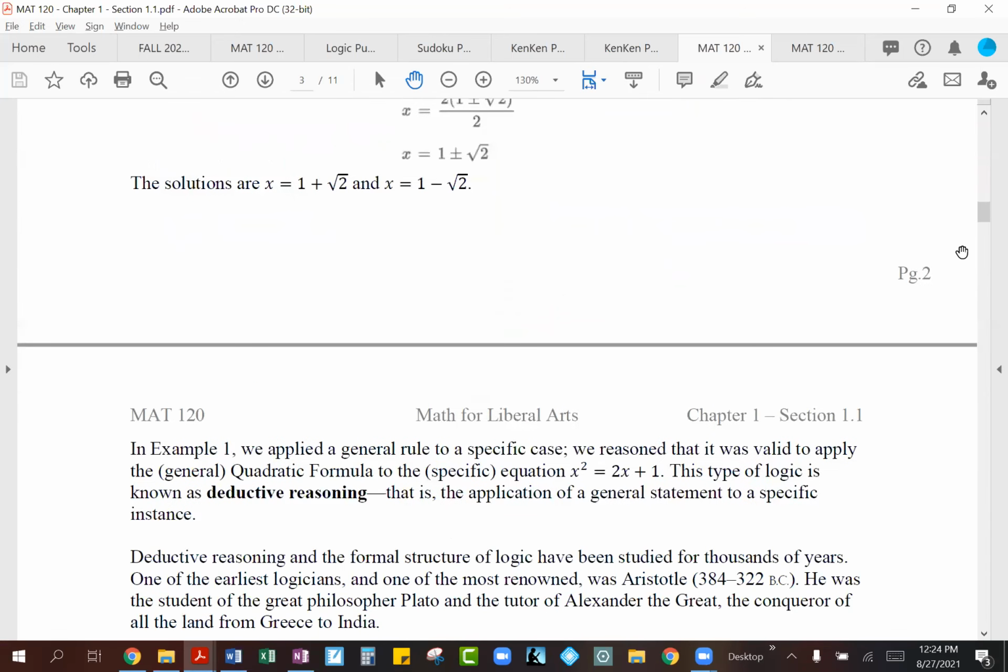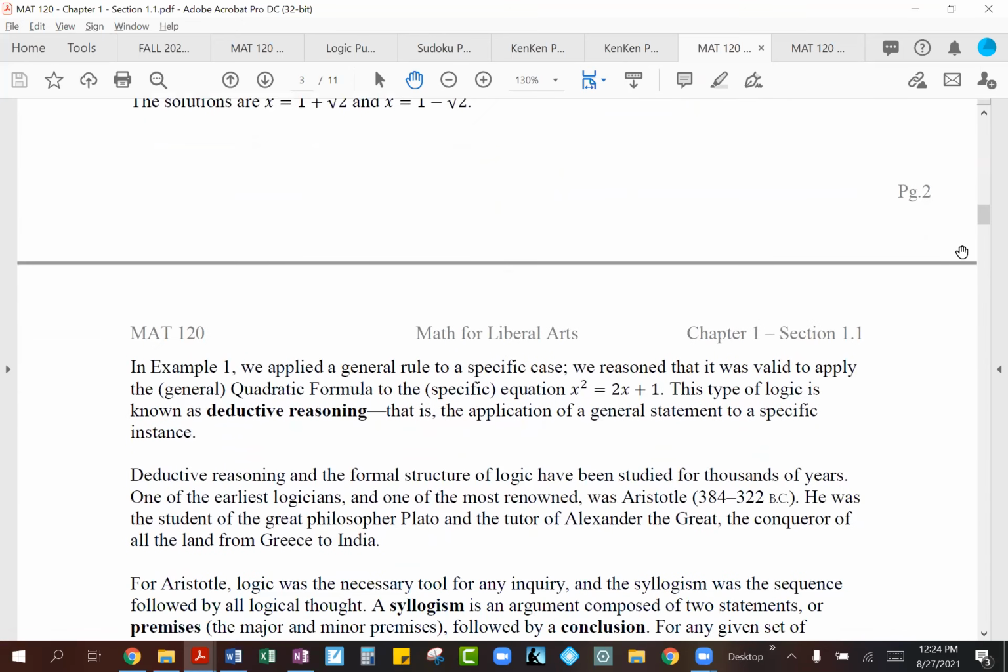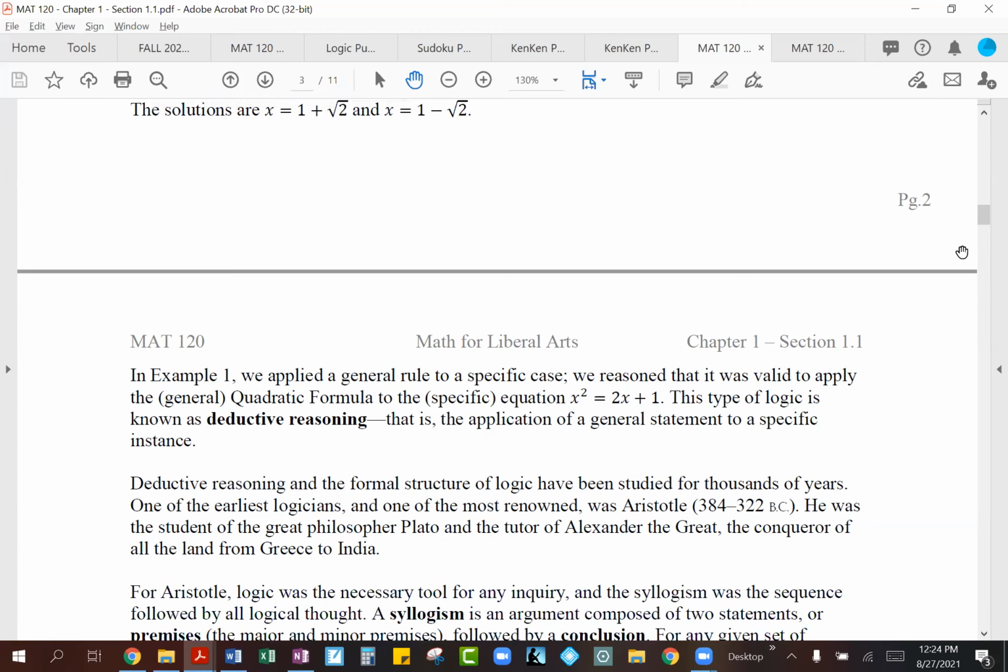And in this case, we are talking about using deductive reasoning, because we're taking the general idea that you have a quadratic equation and you can use this quadratic formula to solve a specific equation, right? So the general idea is quadratic formula should work for any kind of quadratic equation. And specifically, we are saying, okay, if I apply it to this example that I have, I am able to use that to solve my example.